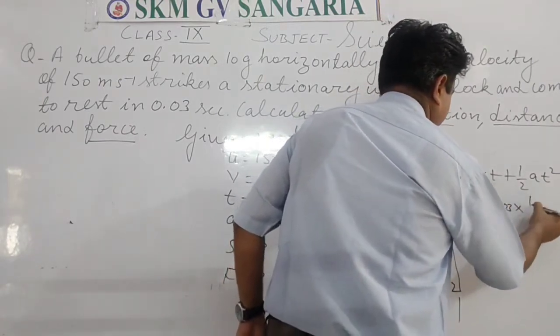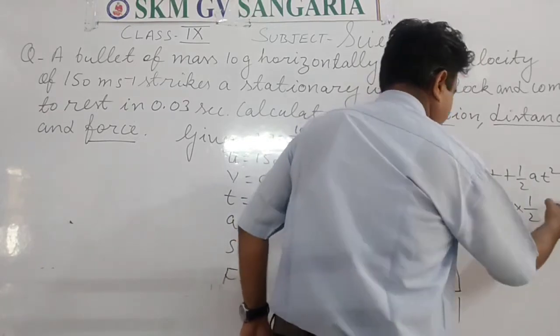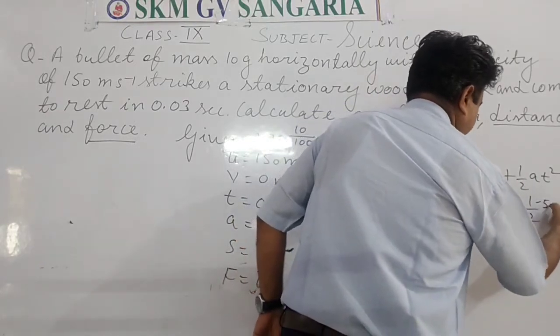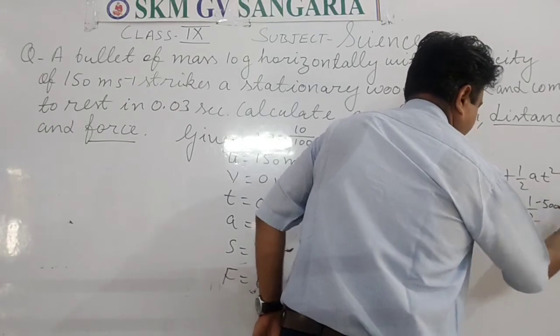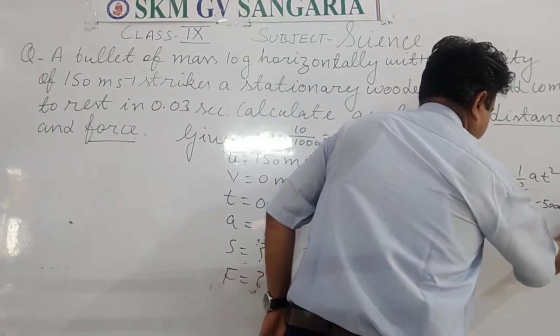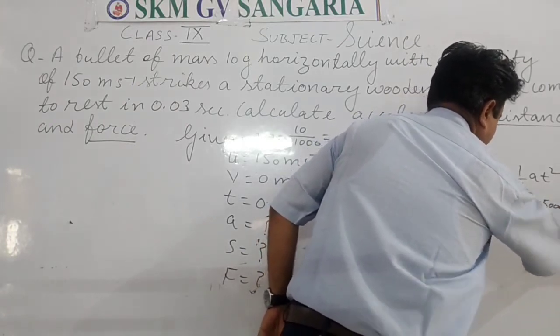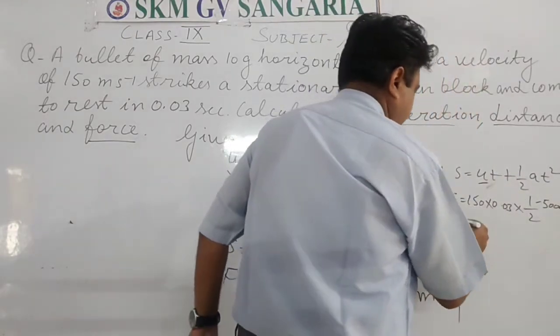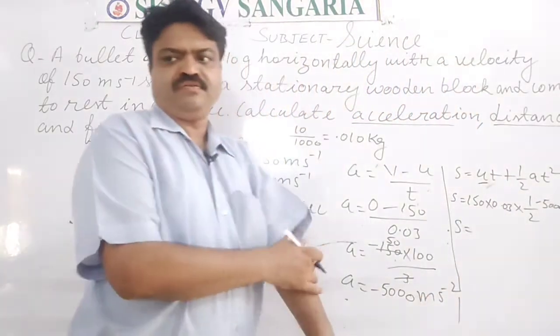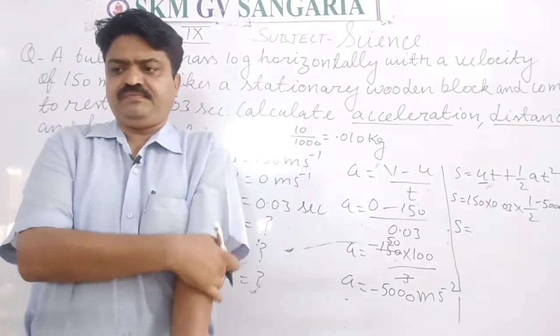0.03, plus half. What is acceleration here? It is negative, minus 5000. What is time here? 0.03 whole square. So s you will try to find out here.